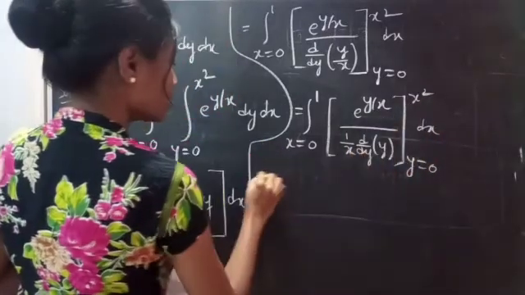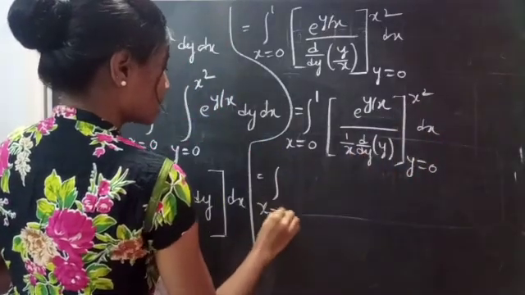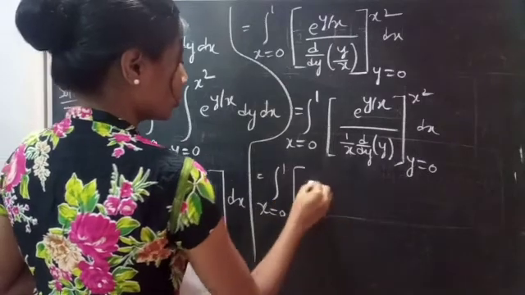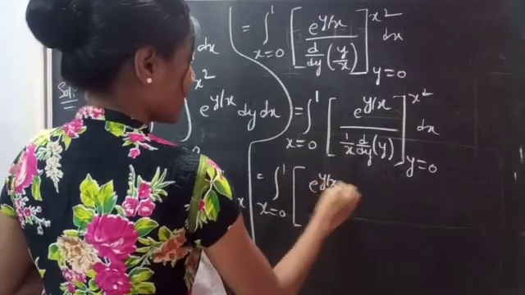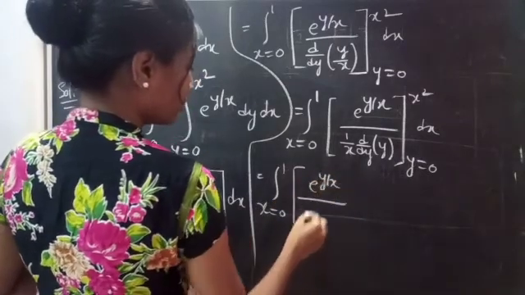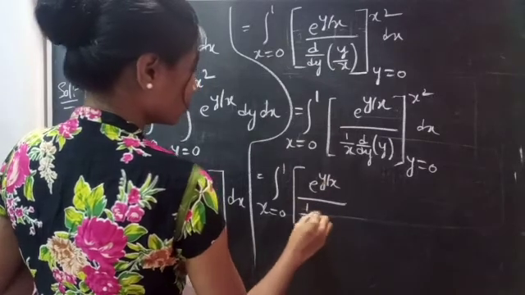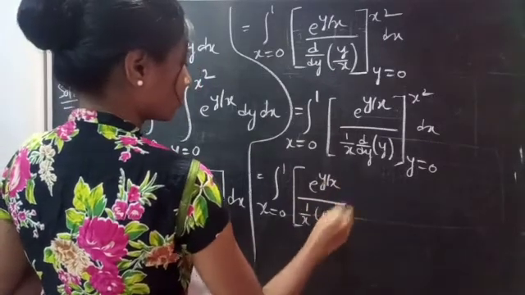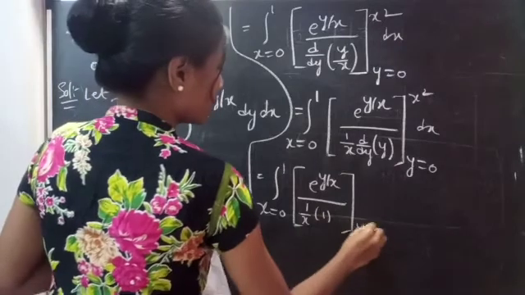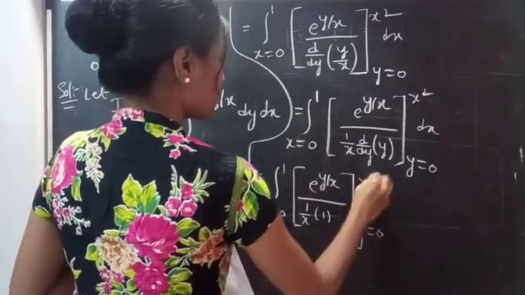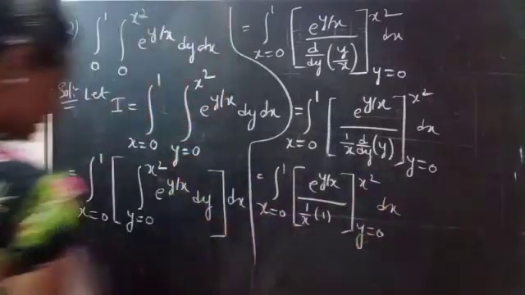So this equals the integral, x equals 0 to 1, of e power y by x, times 1 by x into 1, with limits y equals 0 to x square, dx.